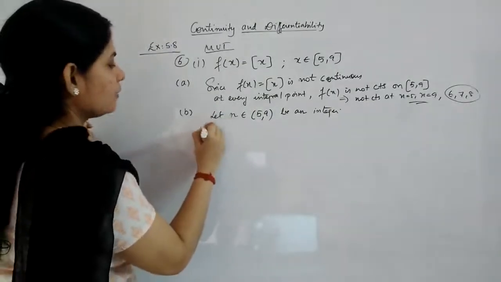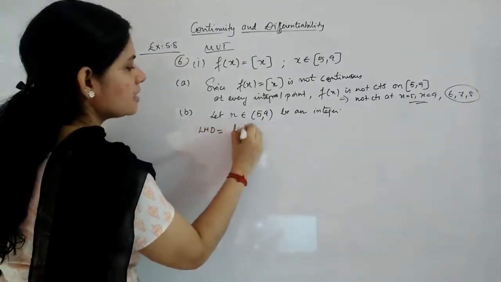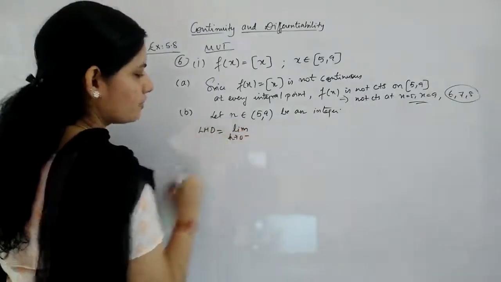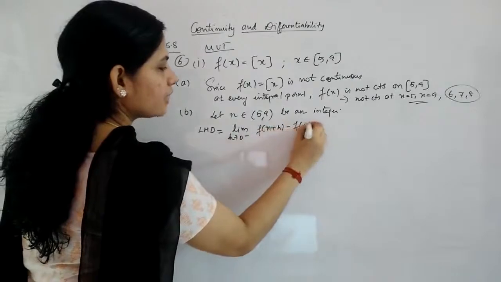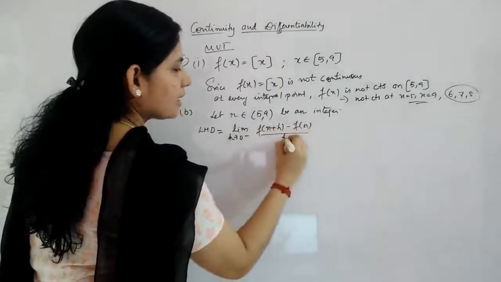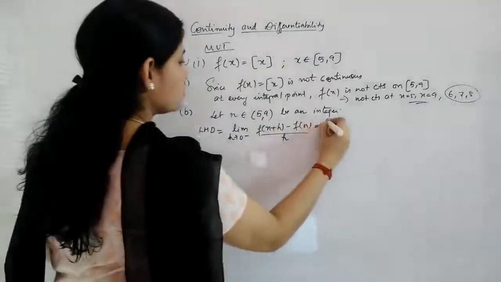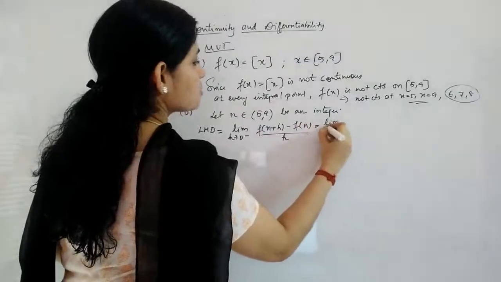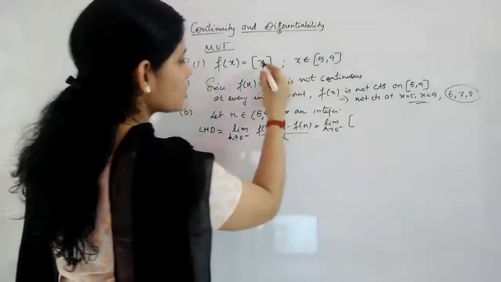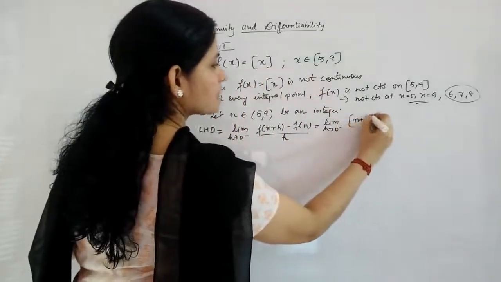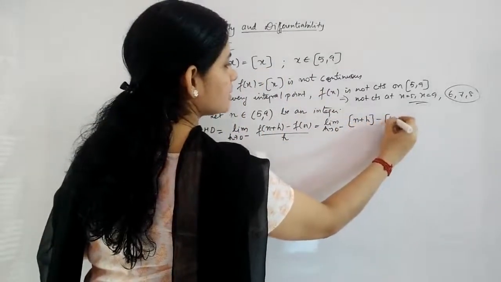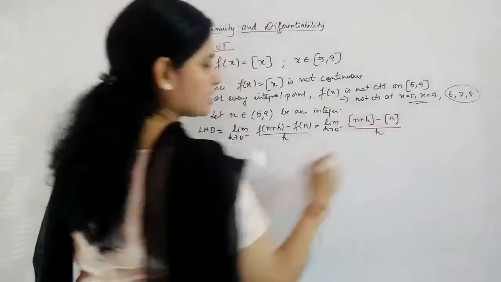Now the left hand derivative is limit h tends to 0 minus of f of n plus h minus f of n divided by h, which is equal to limit h tends to 0 minus of greatest integer of n plus h minus greatest integer of n divided by h.